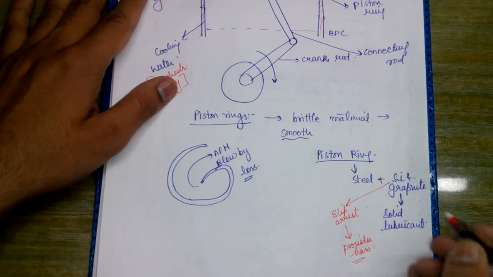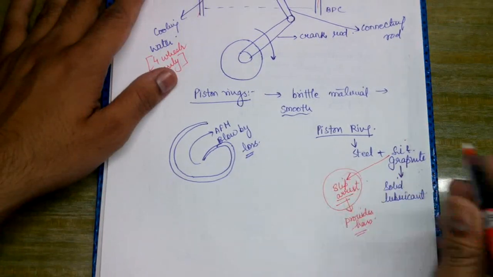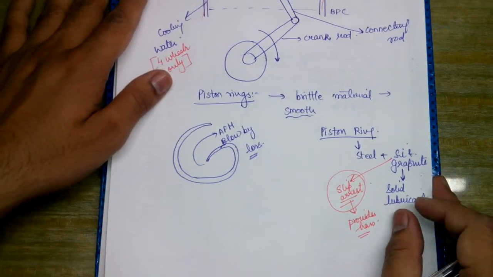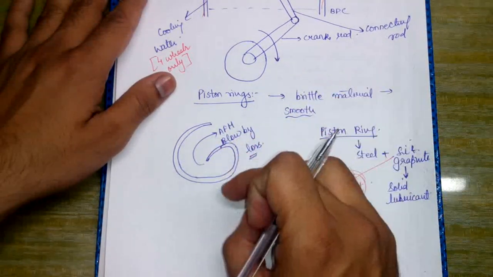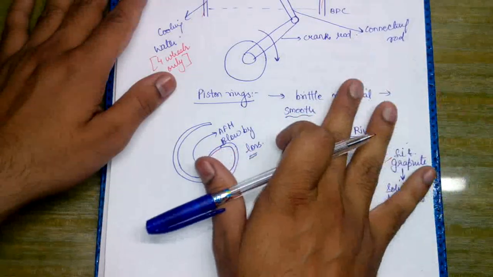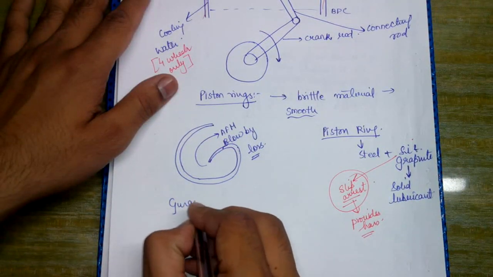So on adding silicon to the steel, it becomes hard, and also silicon arrests the slips. And blow-by losses क्या था, blow-by losses में the unburnt hydrocarbon will be ejected out. Okay, so this was the blow-by losses. Next we come to the gudgeon pin.